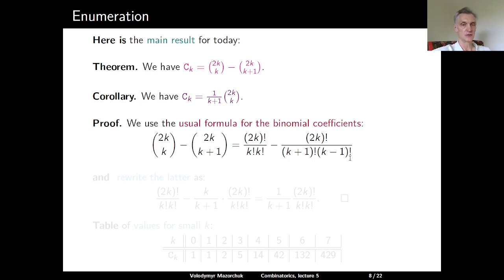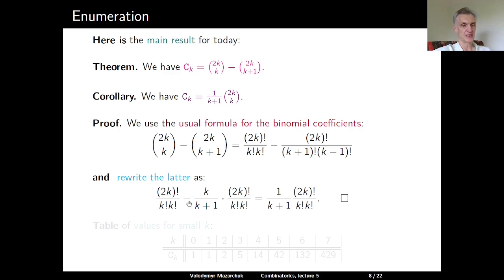So in order to subtract the two fractions, we reduce them to the common denominator, and to reduce them to the common denominator, we move k plus 1 out of the fraction in the denominator for the second summand, and we multiply both the numerator and denominator with k. So we obtain the following expression.